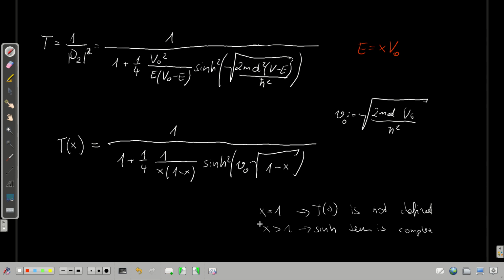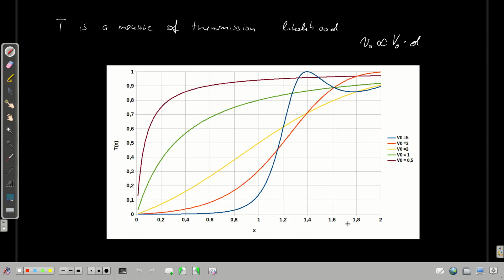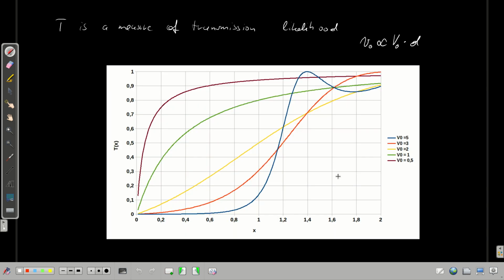Therefore, for this purpose, I have used the identity that i times sin of x equals sinh of i times x for plotting. And finally, we have made more of a graphical interpretation of the analytical result we have obtained.